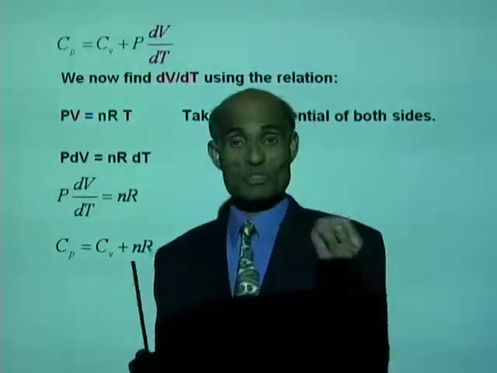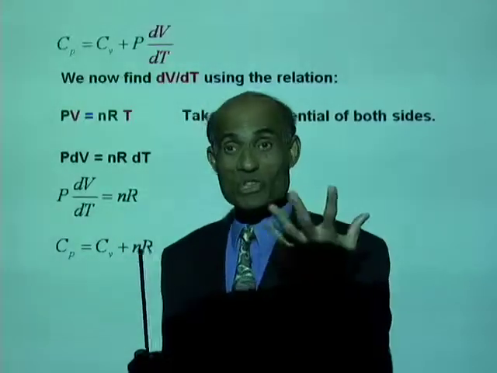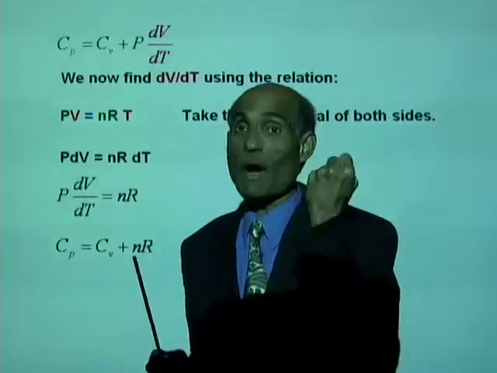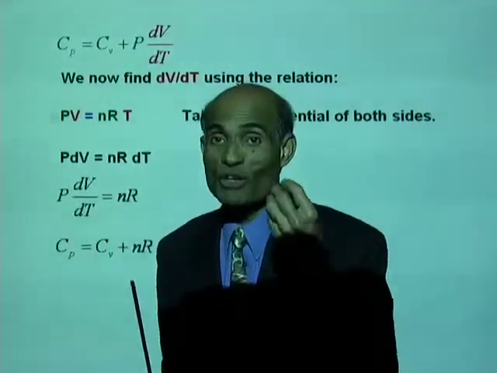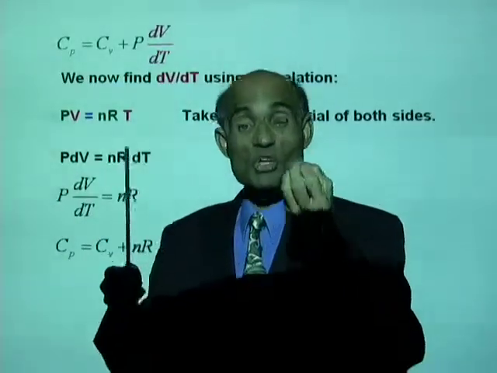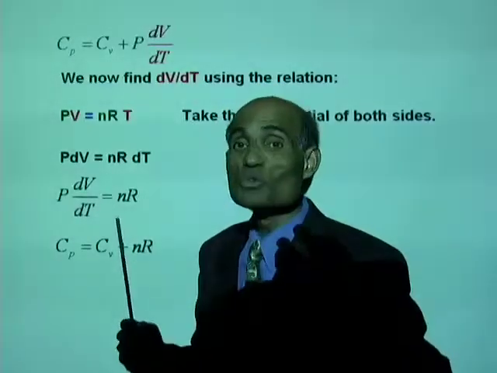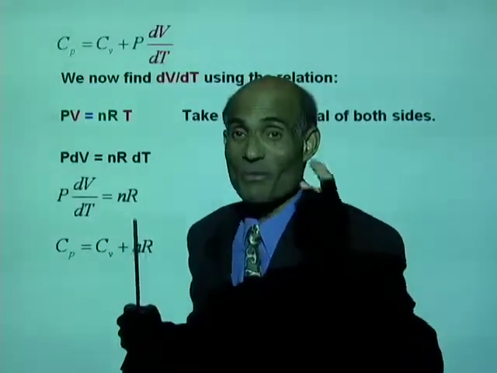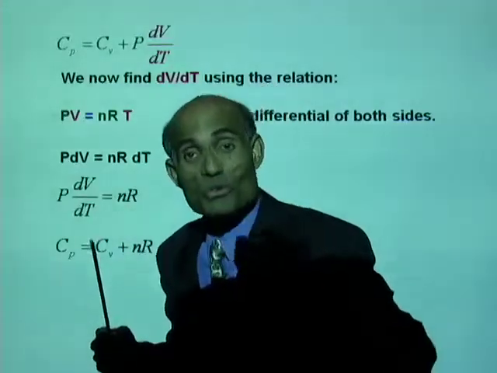Now, which of these is greater, Cp or Cv? Cp is definitely greater. Why? Because when you supply heat to an amount of gas at constant pressure, that heat is used in two ways. One, to increase the internal energy, and two, to do work.